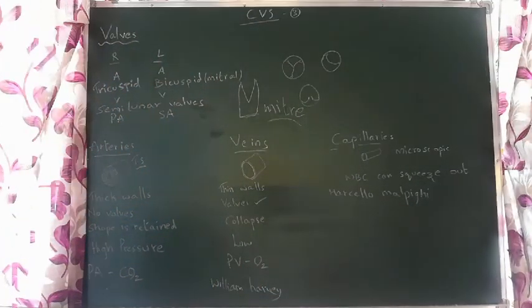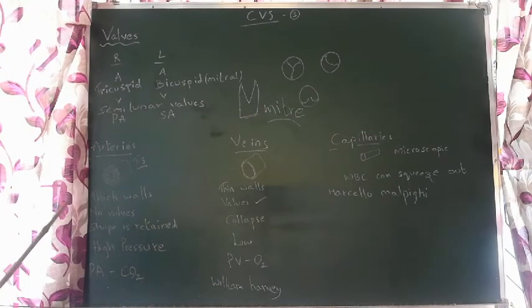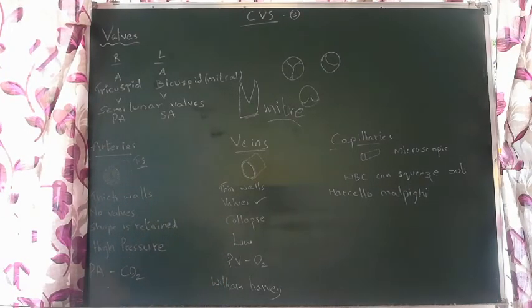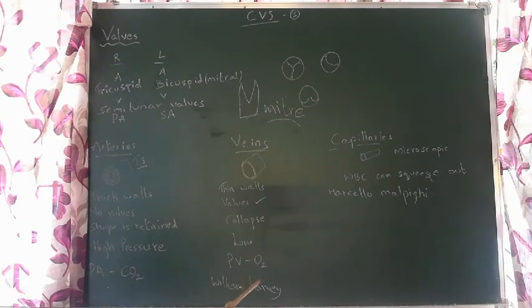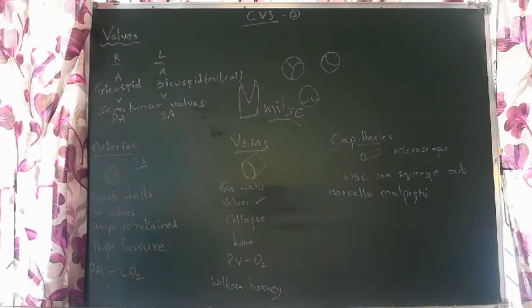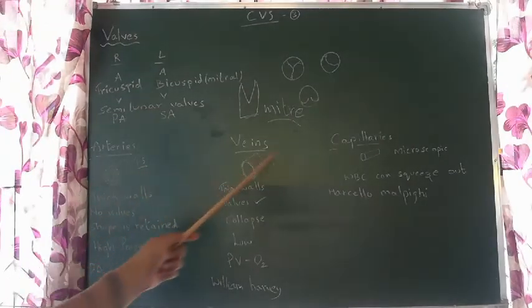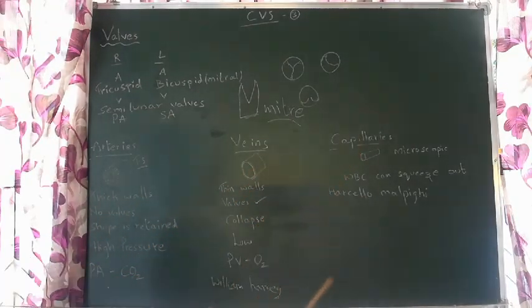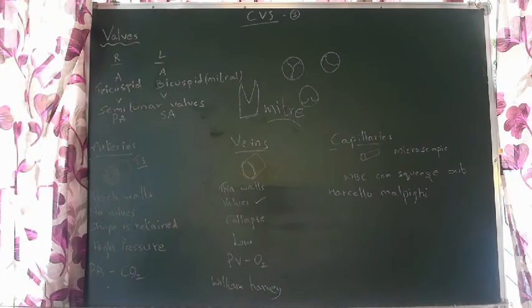This Marcello Malpighi observed our body structures under a microscope, and then he found structures called capillaries. These capillaries are very thin, very minute. You can compare them with the arteries and veins. And they are of one cell thickness. The wall of the capillaries is only one cell in thickness.